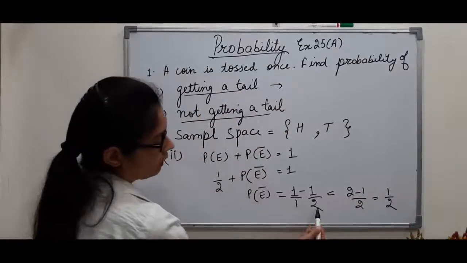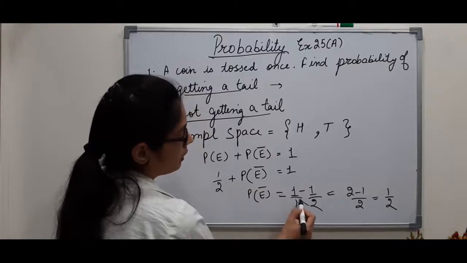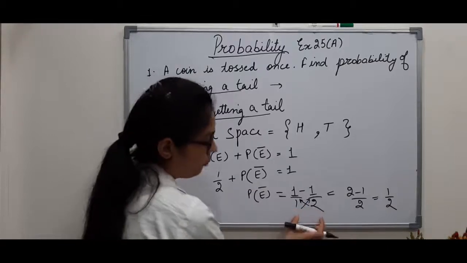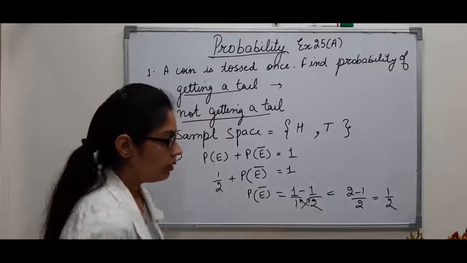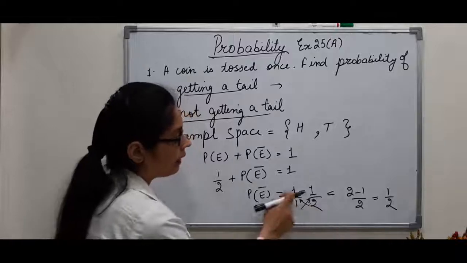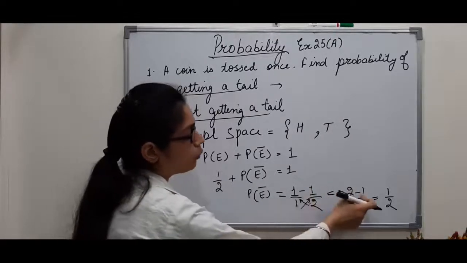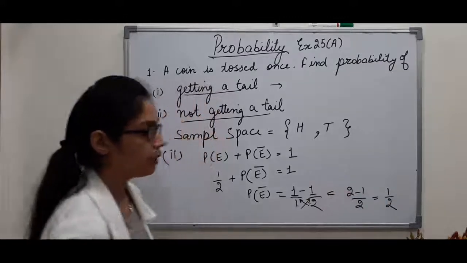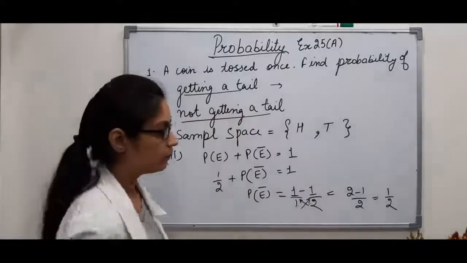I have taken the LCM, which is 2, and then multiplied: 2 into 1 is 2, 1 into 1 is 1. So 2 minus 1 will be 1 by 2. So this is the probability of not getting a tail.